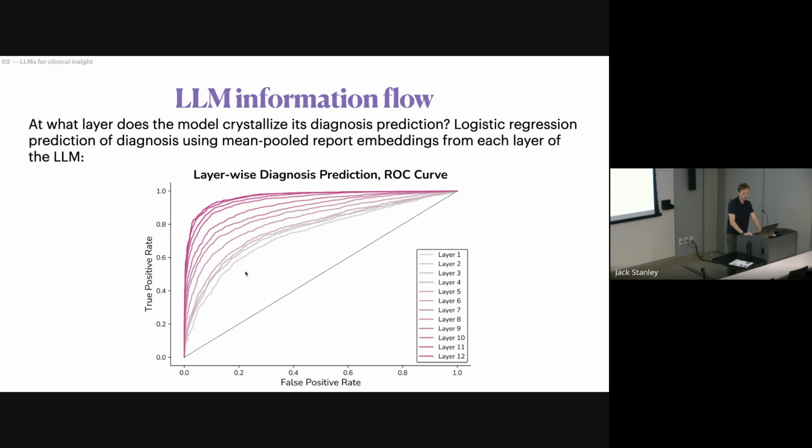At the early layers, the diagnosis relevant information is much less. So what we did here was mean pool again the sentence embeddings from each layer into a report embedding and then classify that at each distinct layer. And you can see at the early layers there isn't as much diagnostic signal that's being detected by the model, but as the information flows through the model and is progressively transformed, it takes on much more diagnosis relevant semantic character at the end.